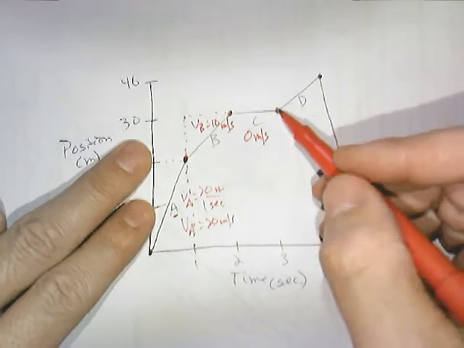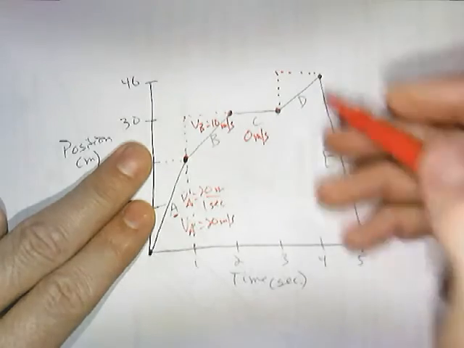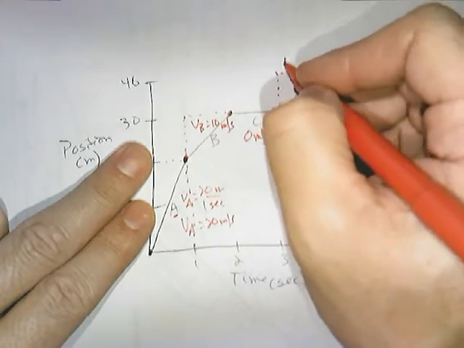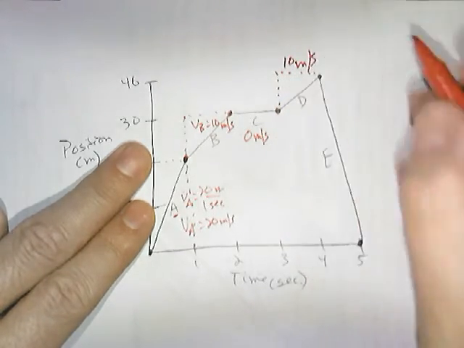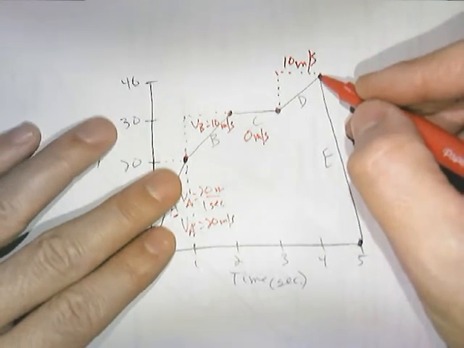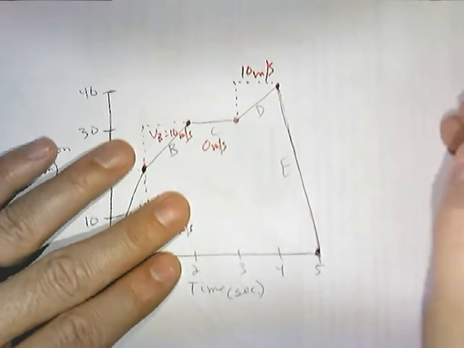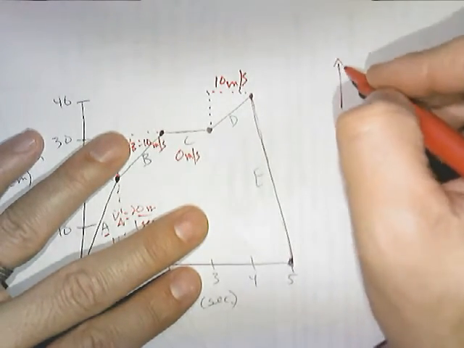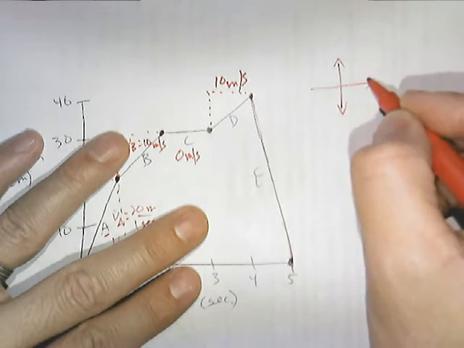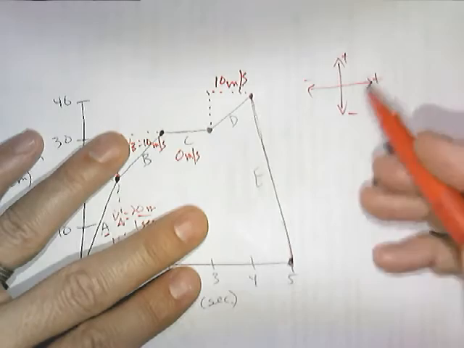Notice for segment D, it traveled 10 meters in 1 second. So the slope of D is also going to be 10 meters per second. And last but not least, segment E: notice it's a negative slope. Well, we've defined our coordinate system as up is positive, right is positive, down is negative, and left is negative.